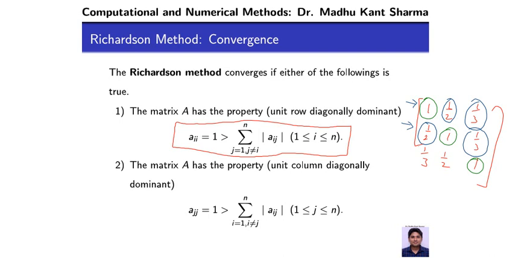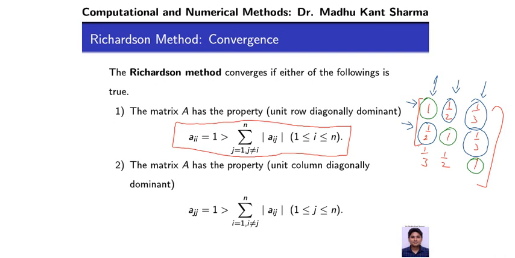Similarly for the last row. And the second condition is that the matrix A is unit column diagonally dominant. So if you look at it column-wise, then also it is a unit column diagonally dominant matrix. So if either of the conditions is true, then the Richardson method will always converge.